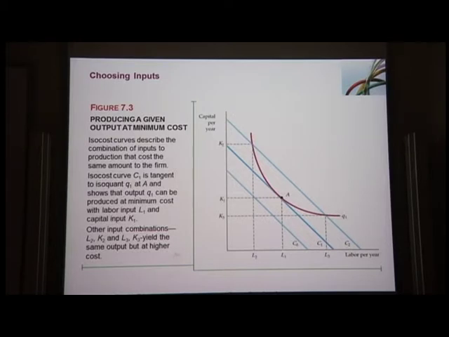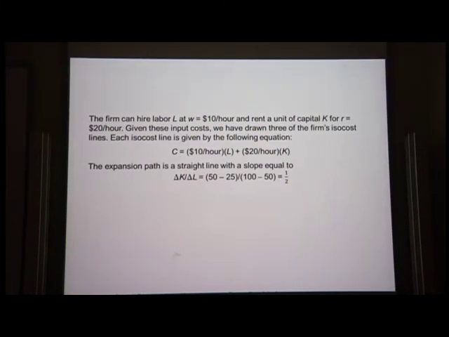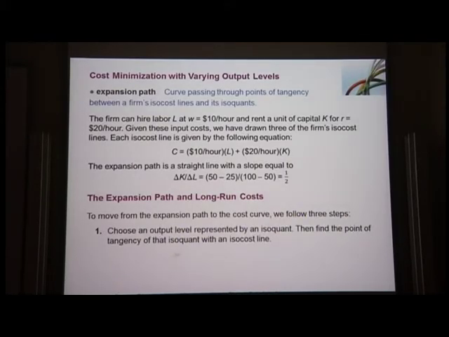Now you can use different points of tangency like point A, and then you can derive what we call an expansion path. You must know what an expansion path is. You don't need to do the calculations. But what is important here is that the expansion path is a curve that connects the points of tangency between the different isocost lines and its isoquants.